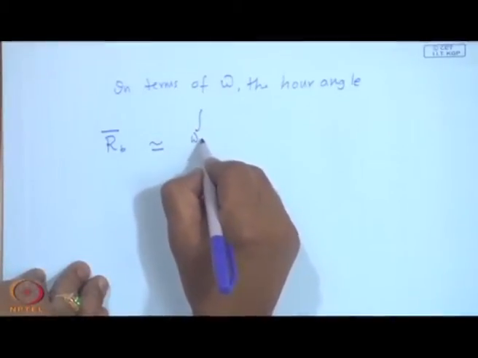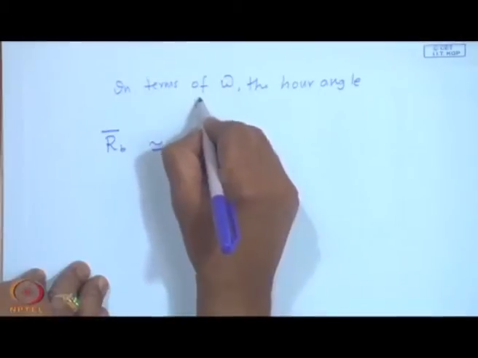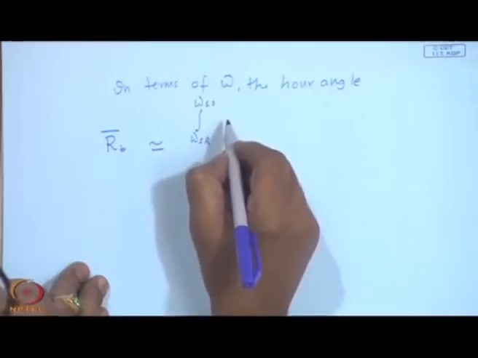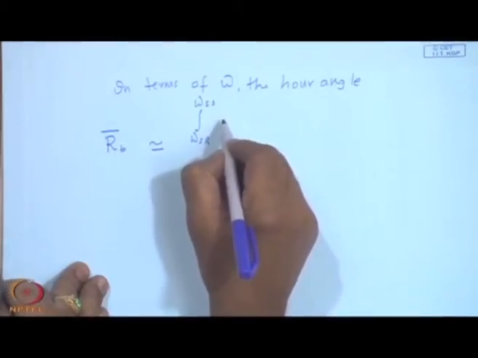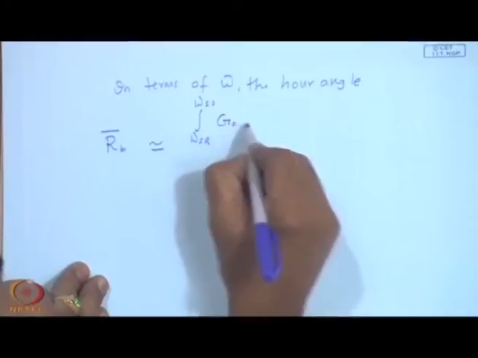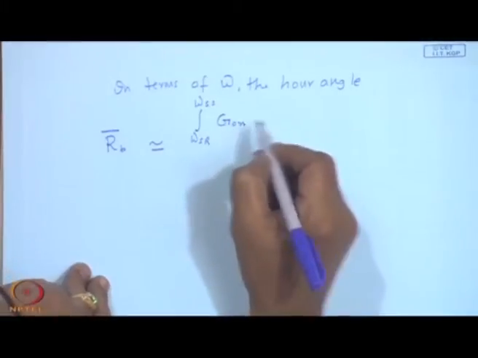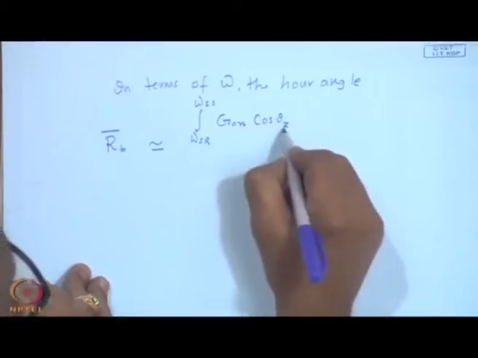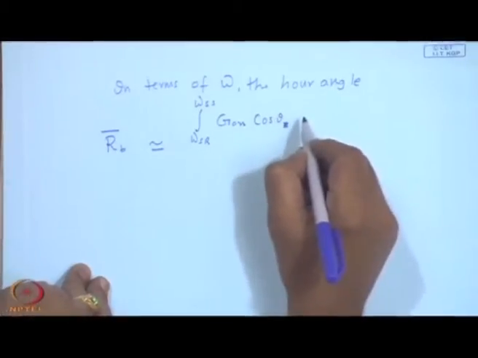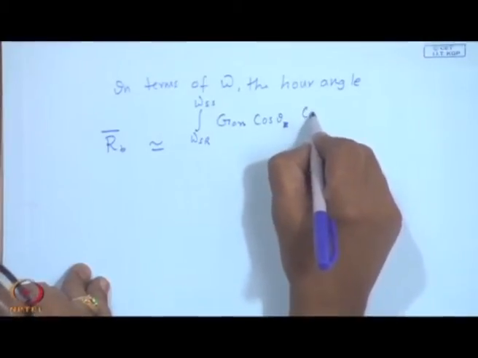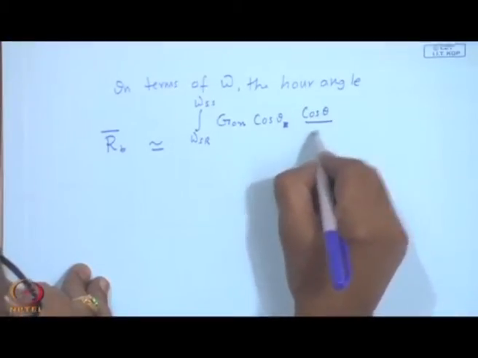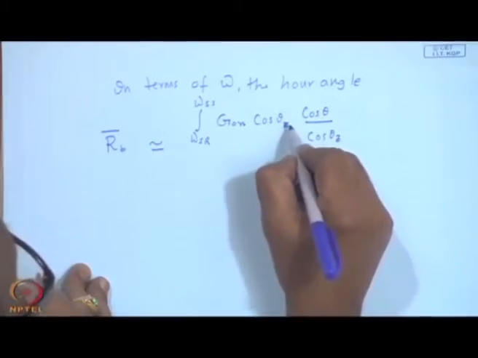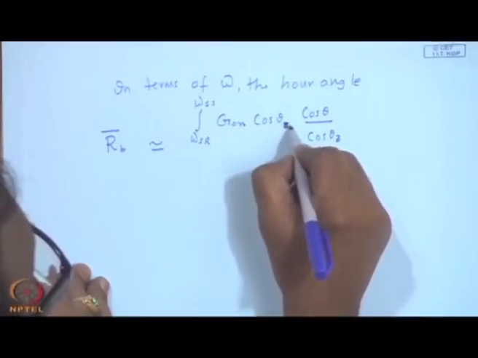So, I will now call it omega S r to omega S s, and this G 0 will be the normal radiation times cos theta z.